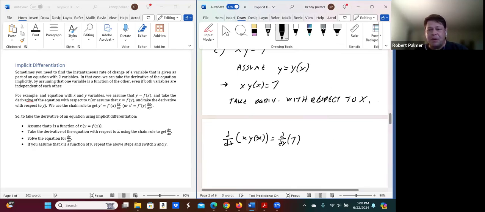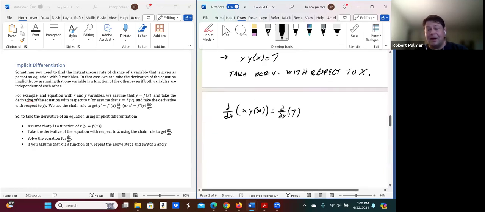Okay. Once again, it's probably easier to start with the right side because that's just a constant again. So of course that's going to be 0. Now here we actually have to use the product rule, because assuming that both x and of course y are also functions of x.